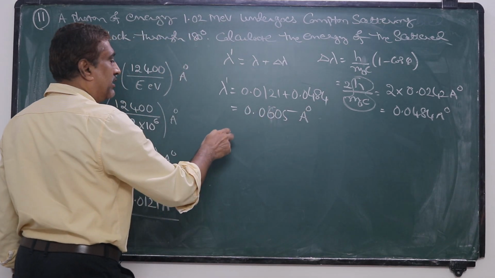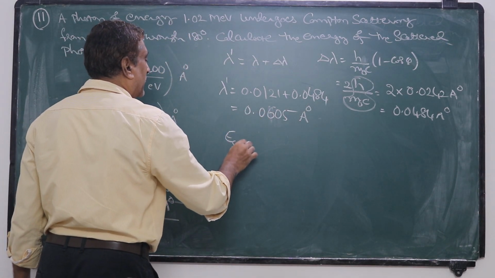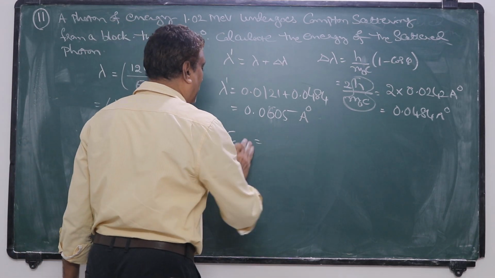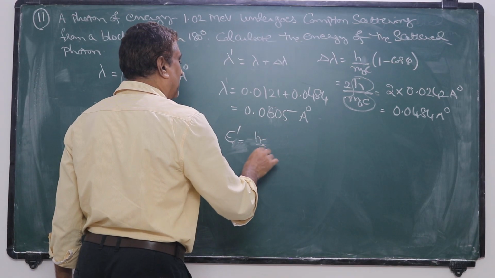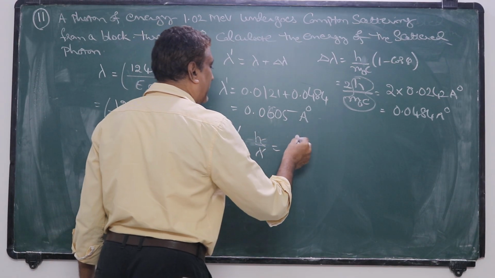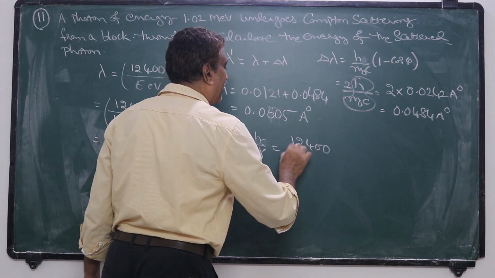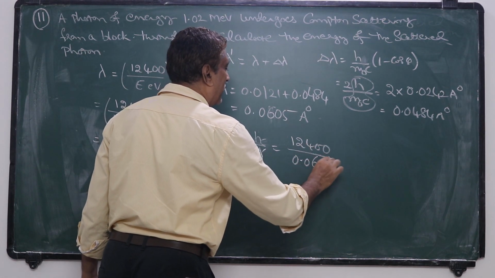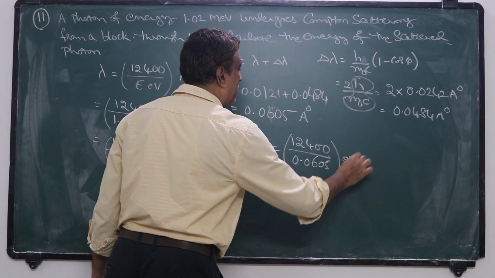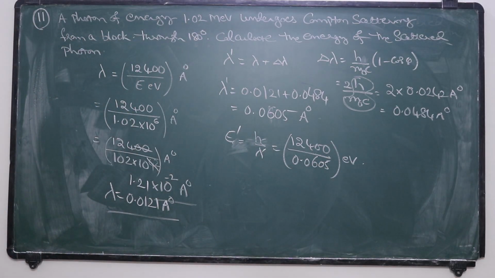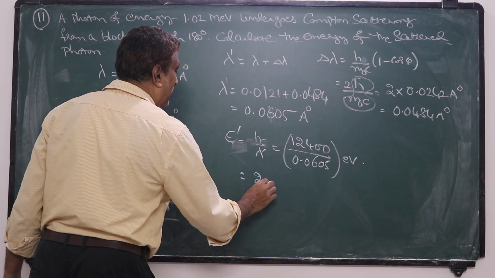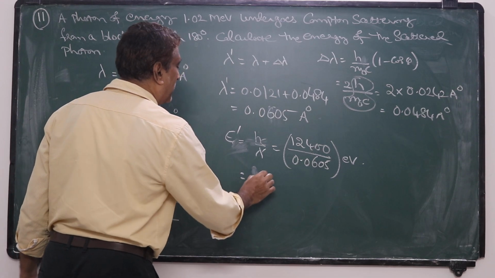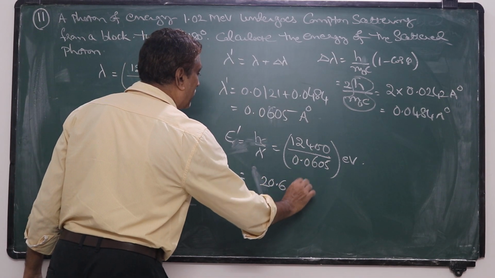Now the energy of the scattered photon, you can write E dash is hc by lambda dash. So we can write it directly as 12400 by 0.0605 electron volt.